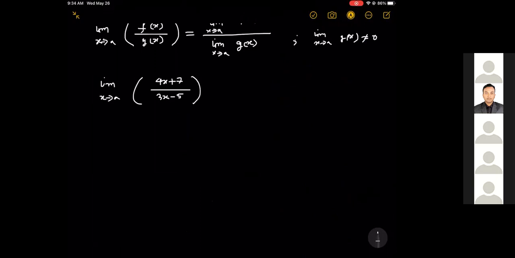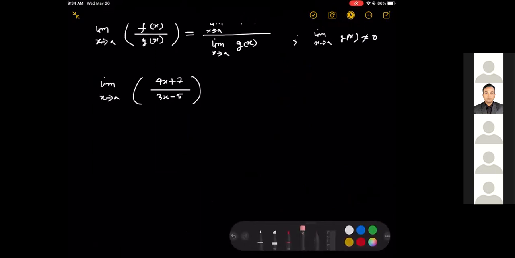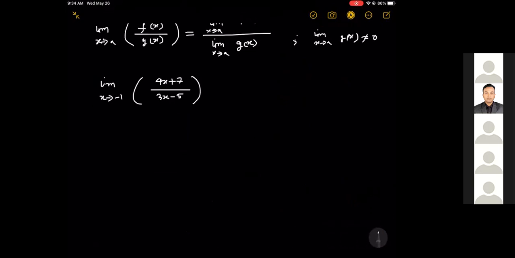Again, we're trying to see whether plugging in the value, sorry, I think I should plug in -1 here. Okay, now the first thing we want to check, if we plug in -1 in place of the x's we have, is it making our function undefined, or does it keep the function intact?